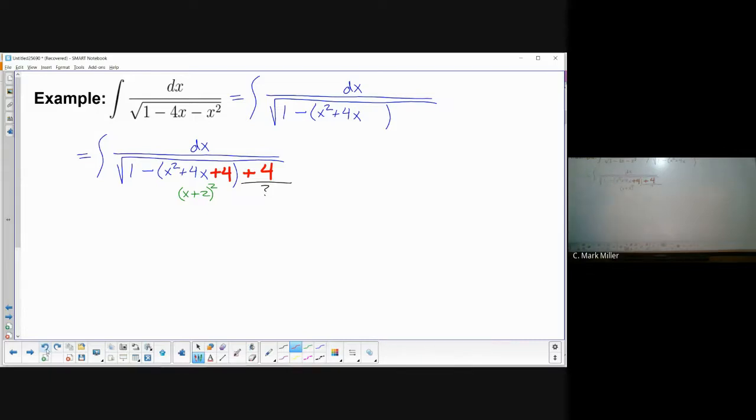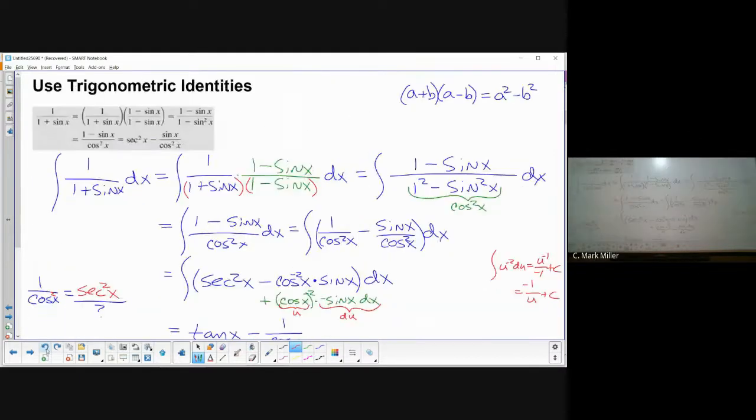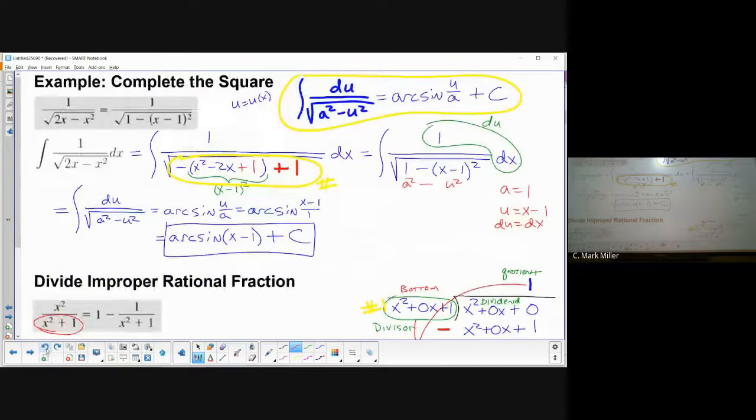Now we did that yesterday. Here, that coefficient was a -2. Half of that is -1. Squared it, I get +1. That's where that 1 comes from. But I'm subtracting it. So when I put a 1 inside the parentheses, since it's being subtracted, I am decreasing the value by 1.